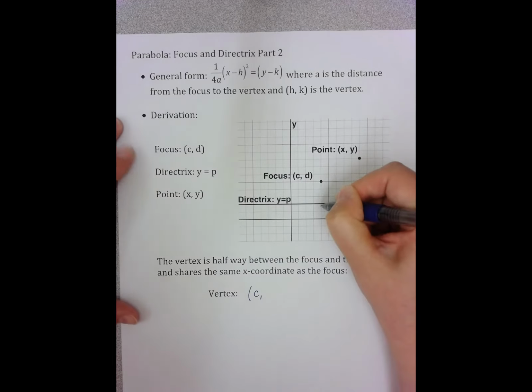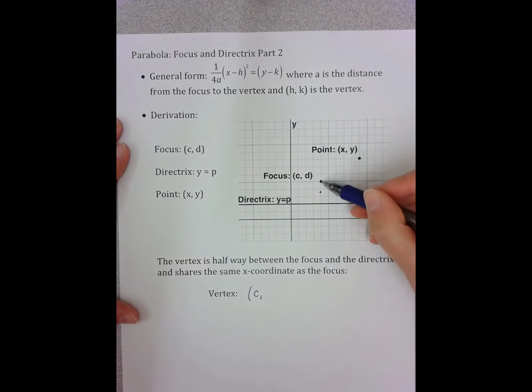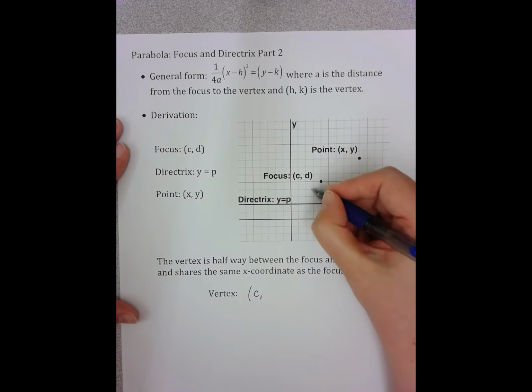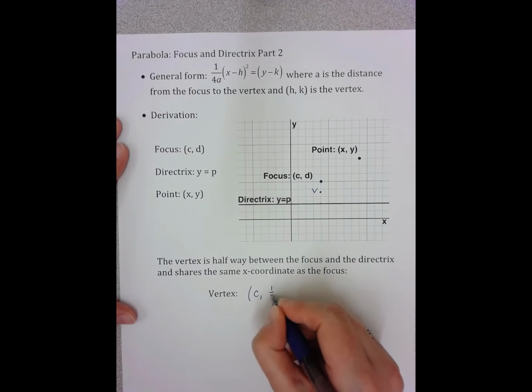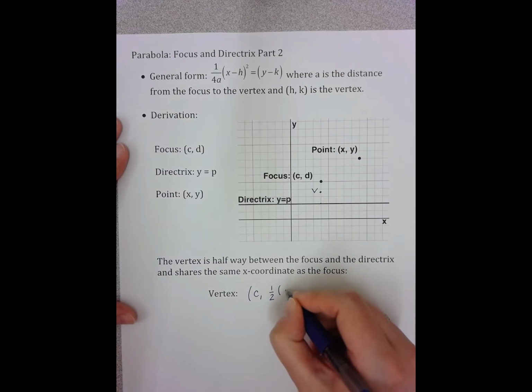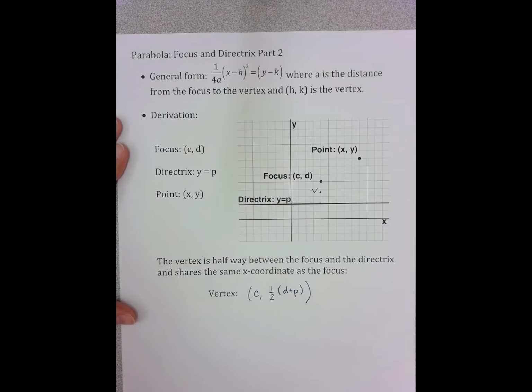And that somewhere turns out to be exactly halfway between the focus and the directrix. Halfway is the average, so that's going to be the average of the y coordinates. So now let's look at the derivation.